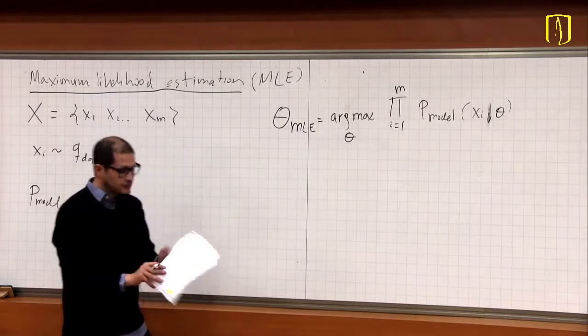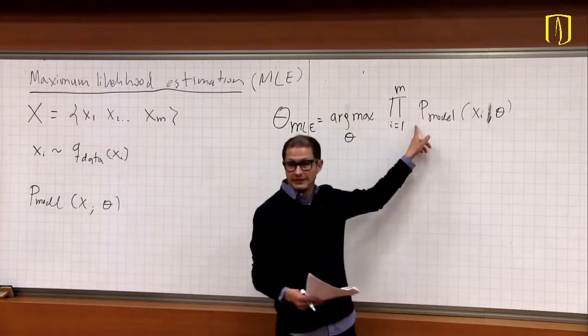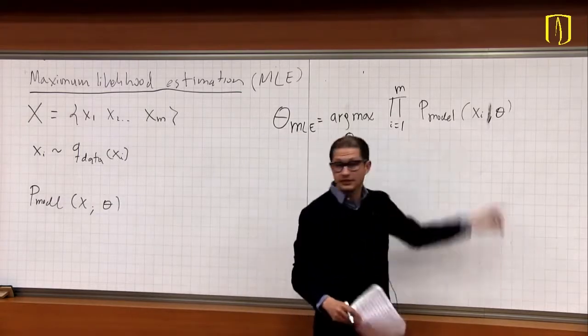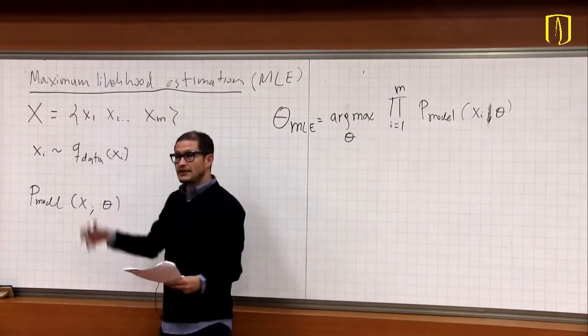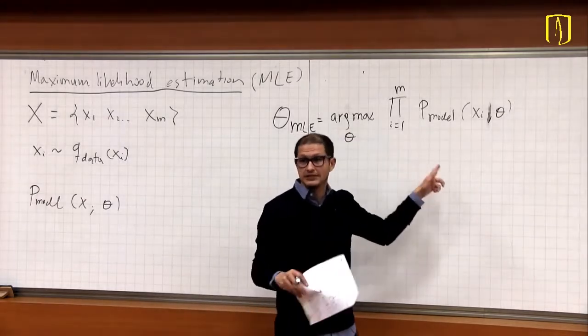Okay, so for numerical reasons, probability is always a number less than or equal to 1. So if you multiply a big bunch of them, where m is large, when you have a large data set, this number is going to be really small, exponentially small.